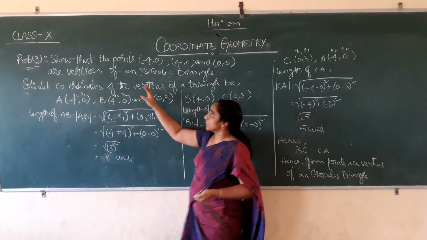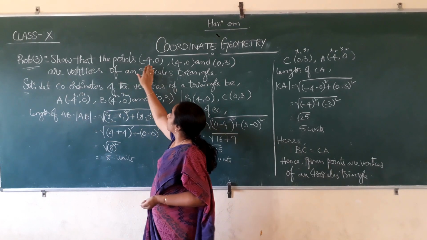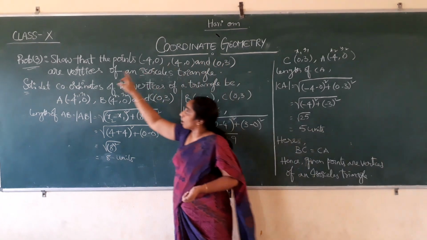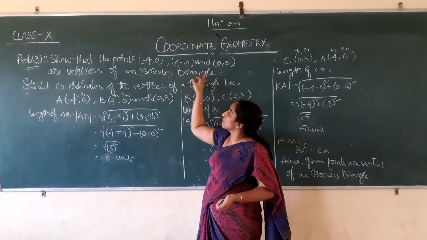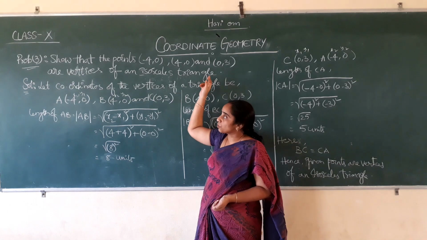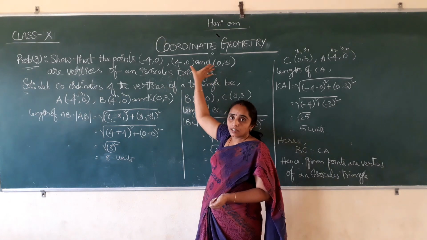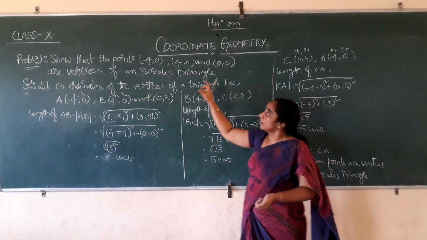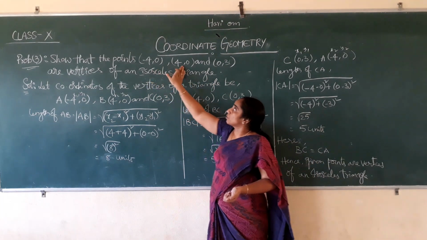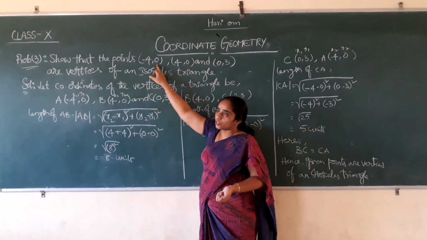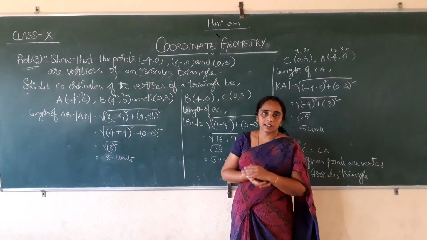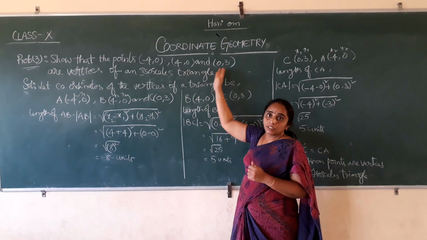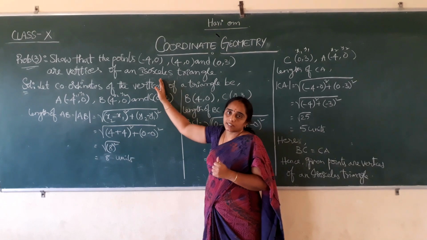The next problem is: show that the points (minus 4, 0), (4, 0) and (0, 3) are the vertices of an isosceles triangle. To show that these points can form an isosceles triangle, we have to find the distances between these points, or in other words, the lengths of the line segments joined by these points.